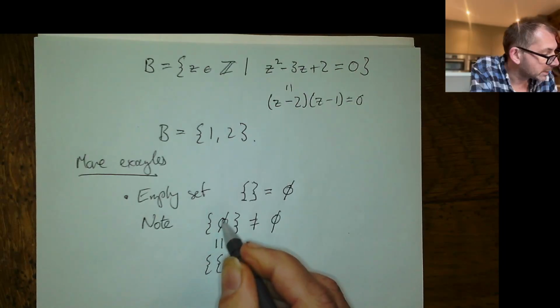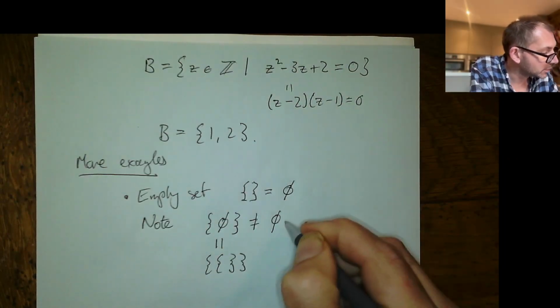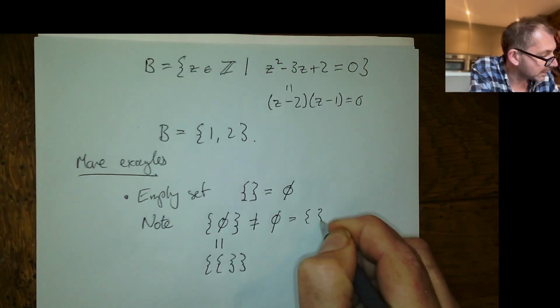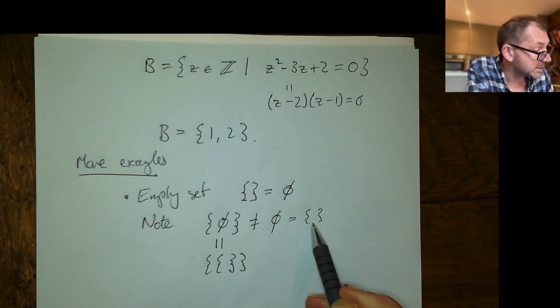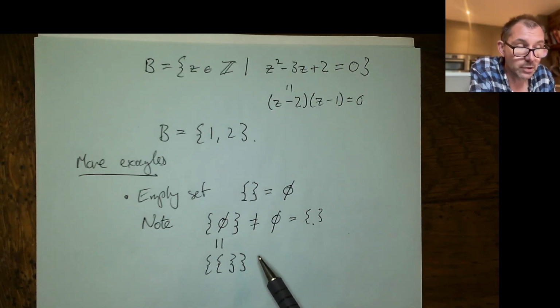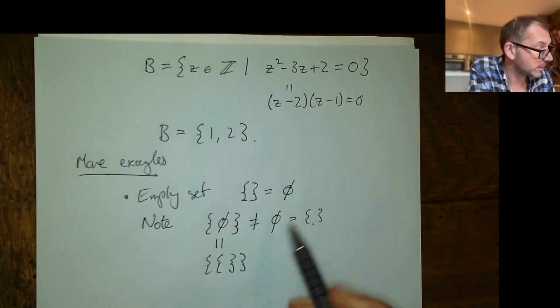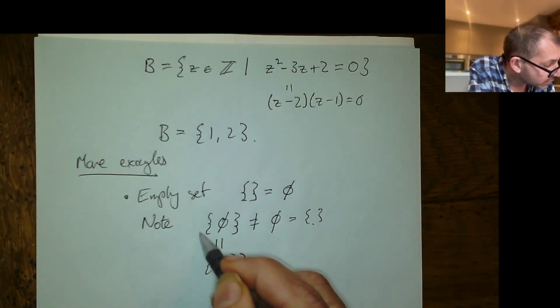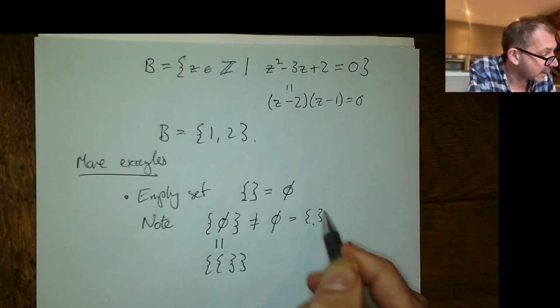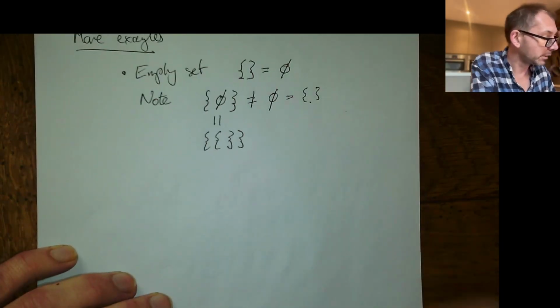So I can just write this in the other manner, and you can see that this is not equal to this. This is a set that has no elements in it at all, but this is a set that has one element in it. What is that element? It's the empty set. So these are definitely not the same thing. So if you want the empty set, do not write this. You have to write that, or you have to write that. Okay.